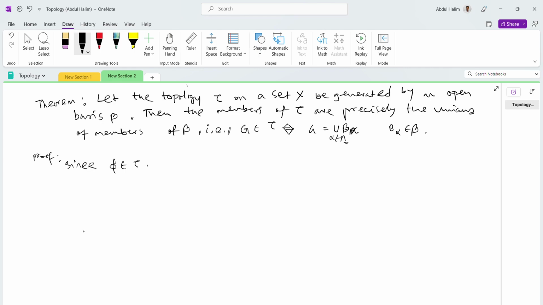Similarly, we take the obvious position for the topology, that phi is always in the topology. Since phi belongs to the topology tau defined on a set X, any union of members of beta is a member of tau.